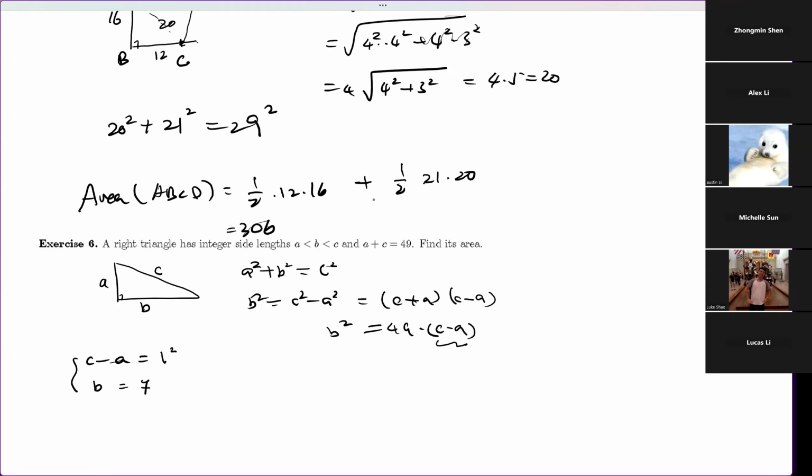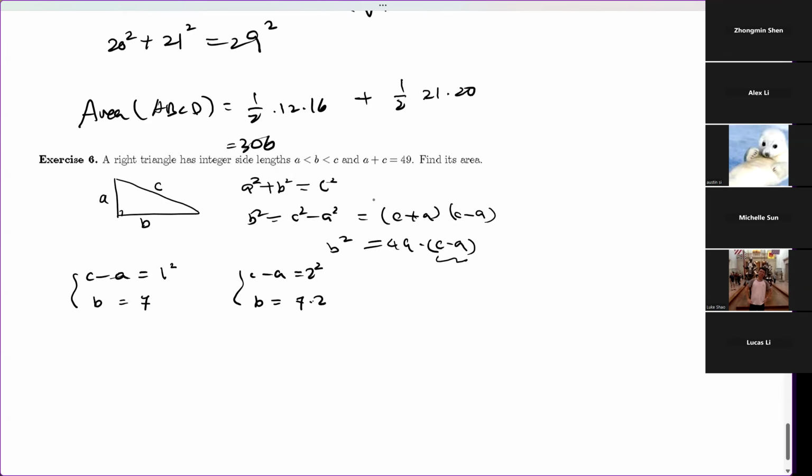Then c minus a equals 2 squared. Okay, so that's only one possibility. c minus a equals 3 squared and b equals 7 times 3, which is 21. Why is it 7 times 3? Because using this identity, 49 is 7 squared.